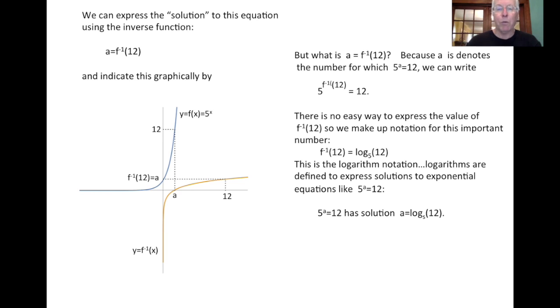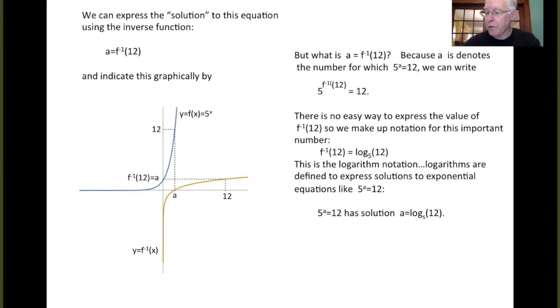So from now on, we'll write that 5 to the a equals 12 has solution a equals log base 5 of 12. The little number down here, as you know, is called the base of the logarithm, the 5. And that means there is a 5 to the x exponential function lurking in the background. And of course, 12 is the output we want from the exponential function.